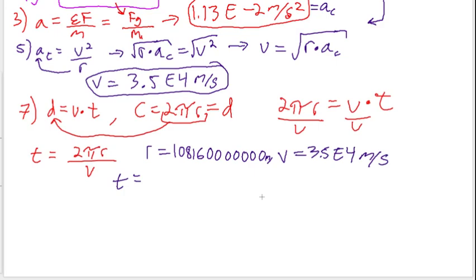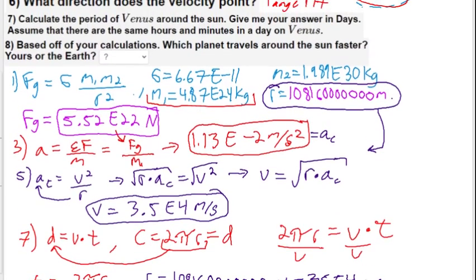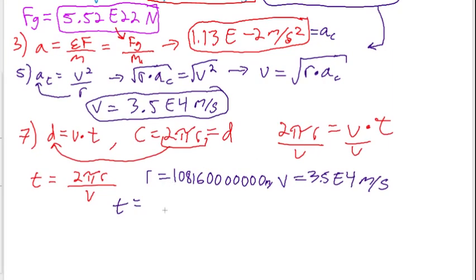But it wants us to convert this over to hours. Actually, I think it's over to days. So let's double check. Yeah, so it wants us to give our answer in days. So whatever time we get here after we solve, we're going to take that number and divide it by how many seconds are in a day, which I don't expect you guys to know, but I do expect you to know that there are 3,600 seconds in an hour, and then there are also 24 hours in a day. So you can divide it by 3,600 and again by 24.